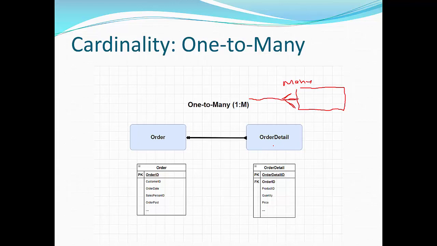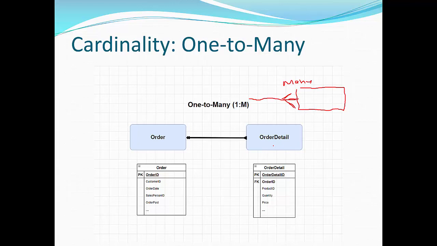Right off the bat, understand that the one-to-many cardinality is the most desirable cardinality in relational database design. You always want to get your design in a one-to-many cardinality.